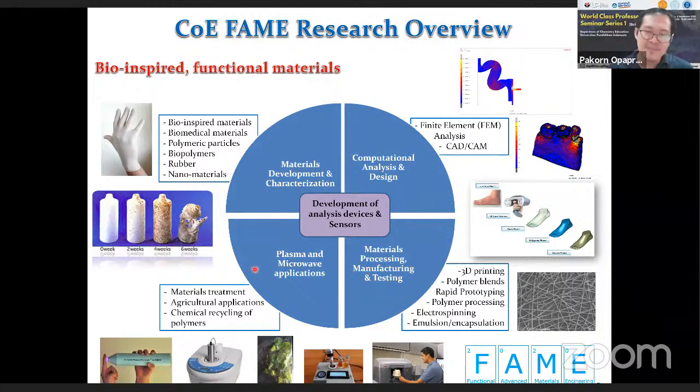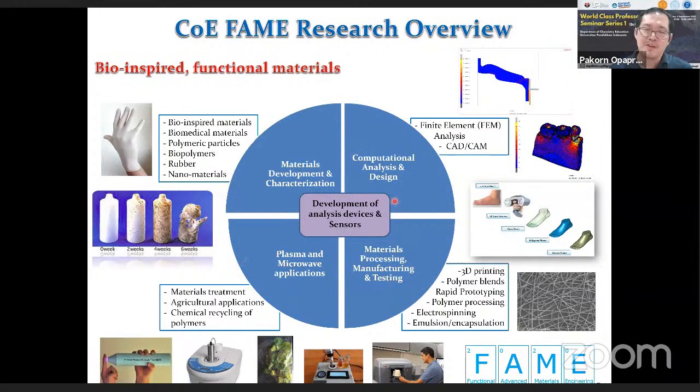And on another aspect, we also have some work related to the use of plasma technology and also microwave technology in chemical recycling of materials or enhancement of properties of materials.